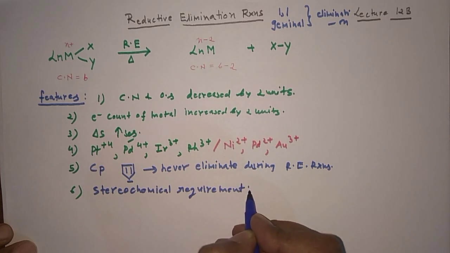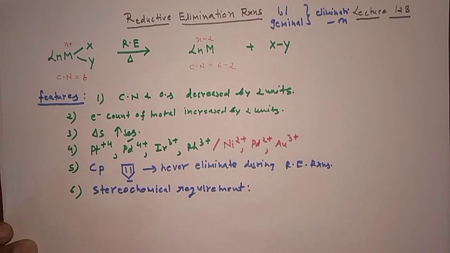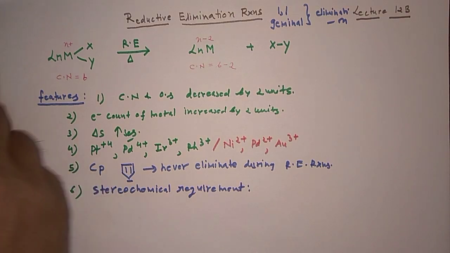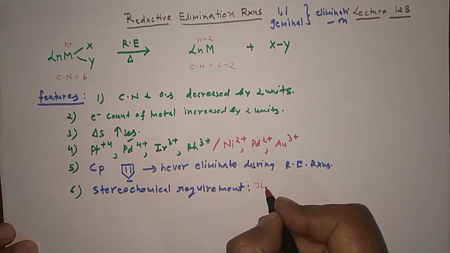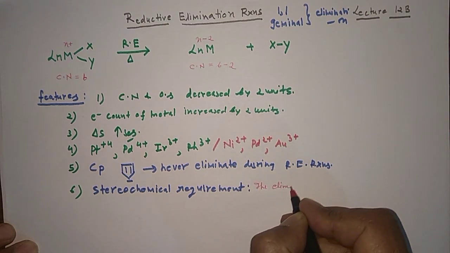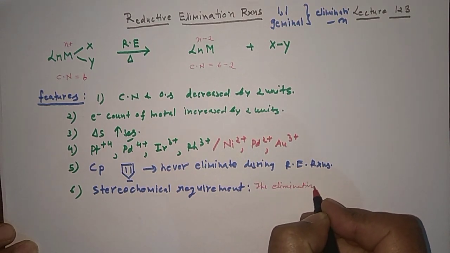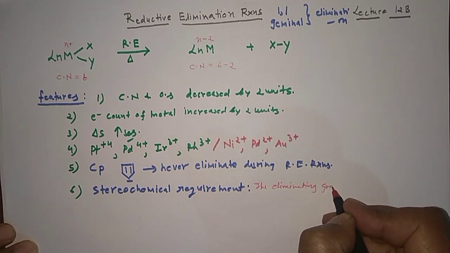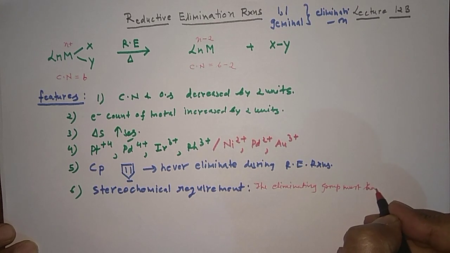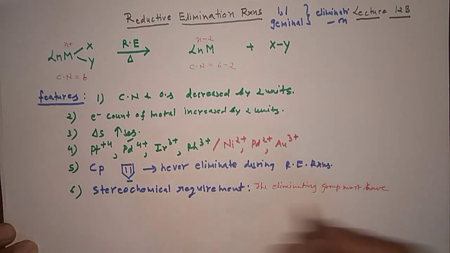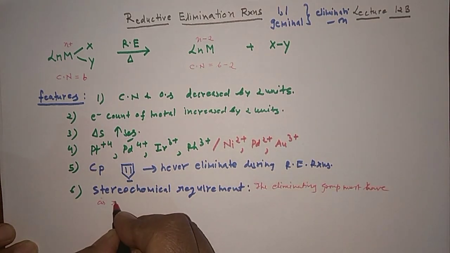Okay, so what is the stereochemical requirement? The eliminating group must have cis relationship.